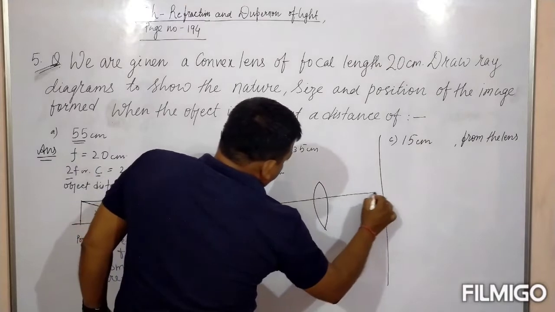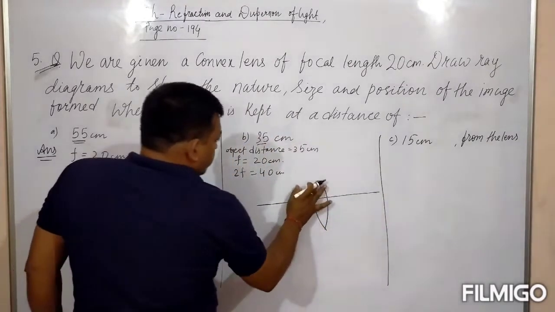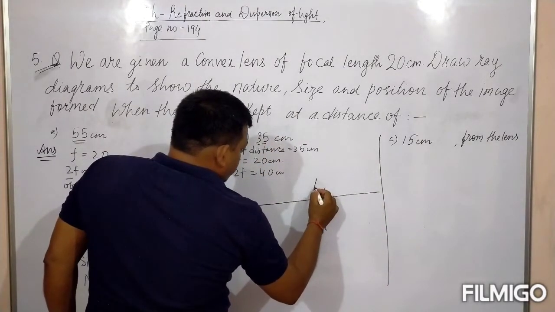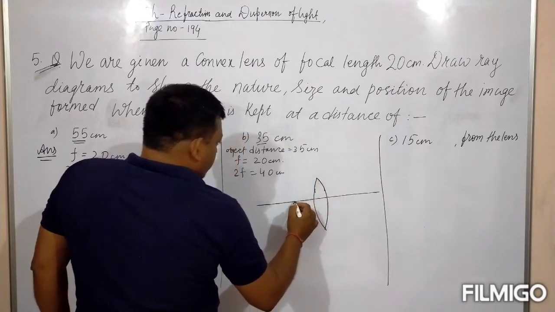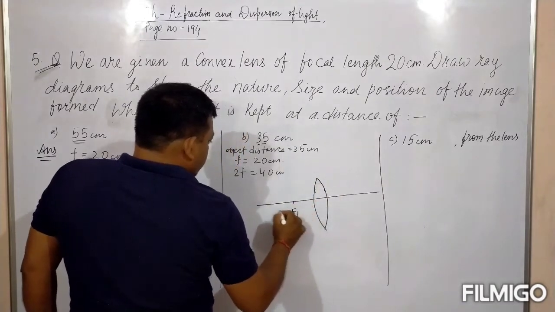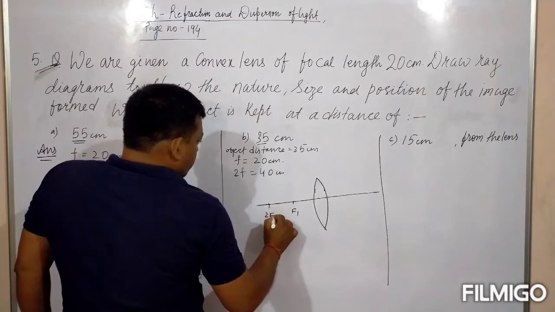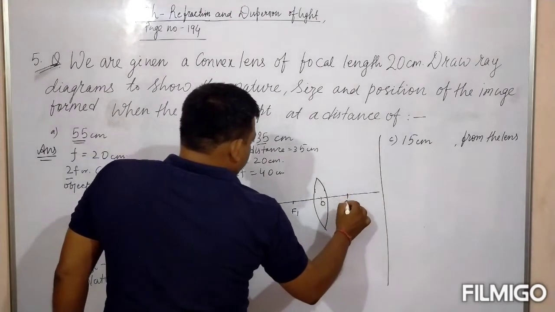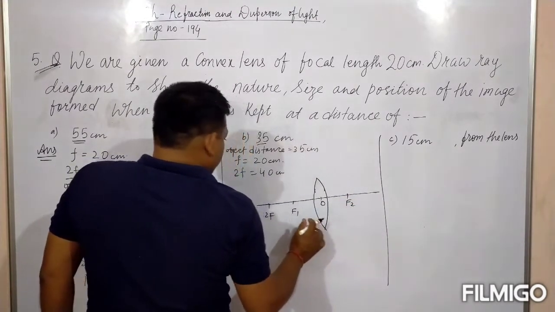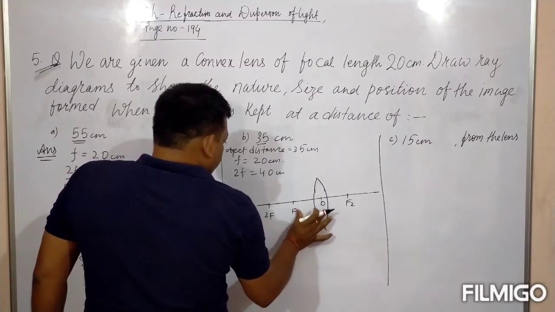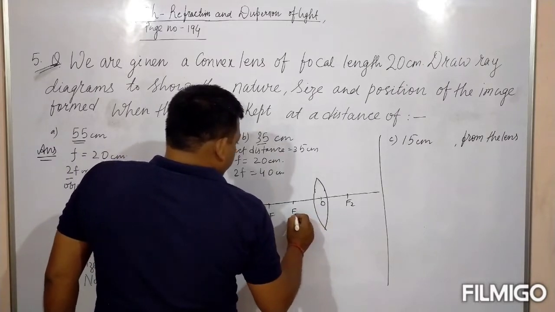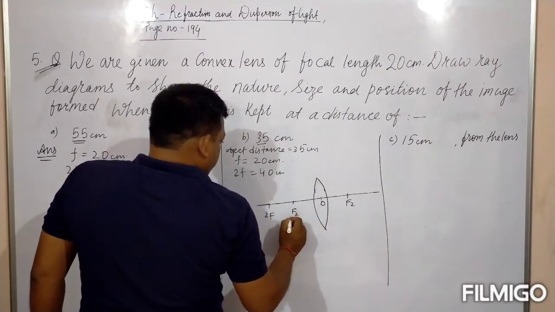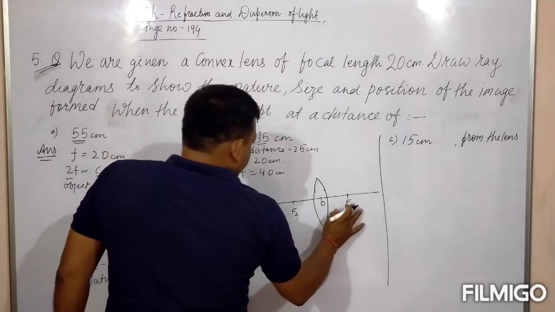This is the ray diagram. This is F1, this is 2F1, this is O, F2, and 2F2.